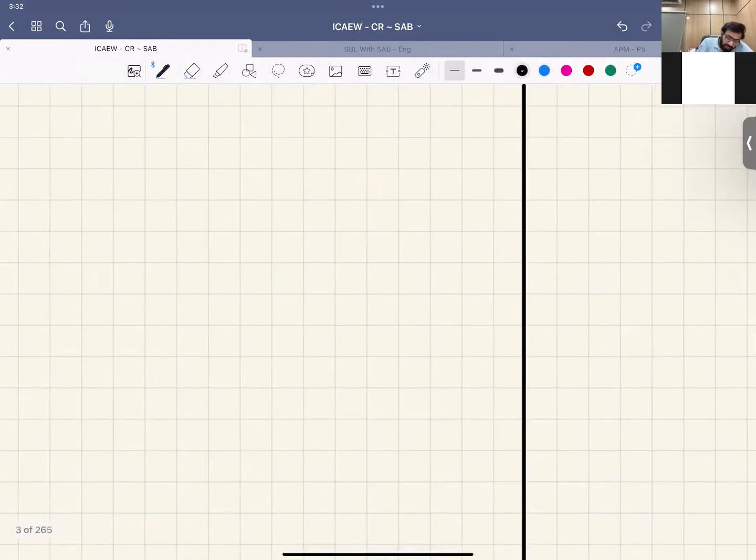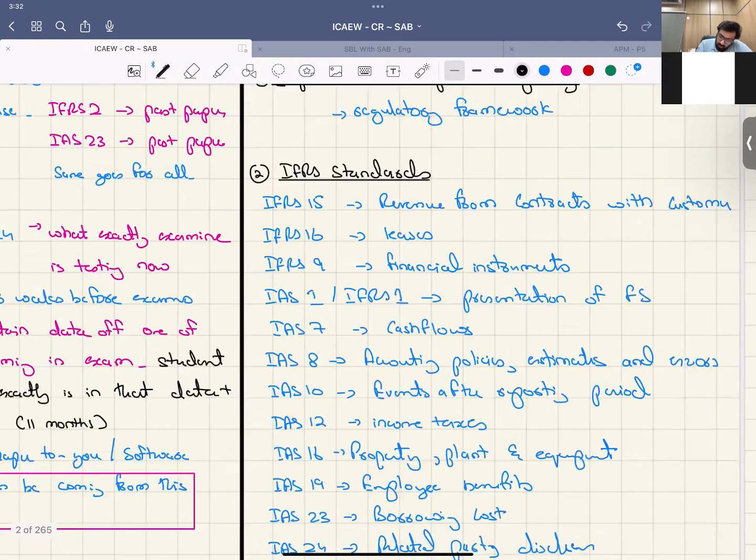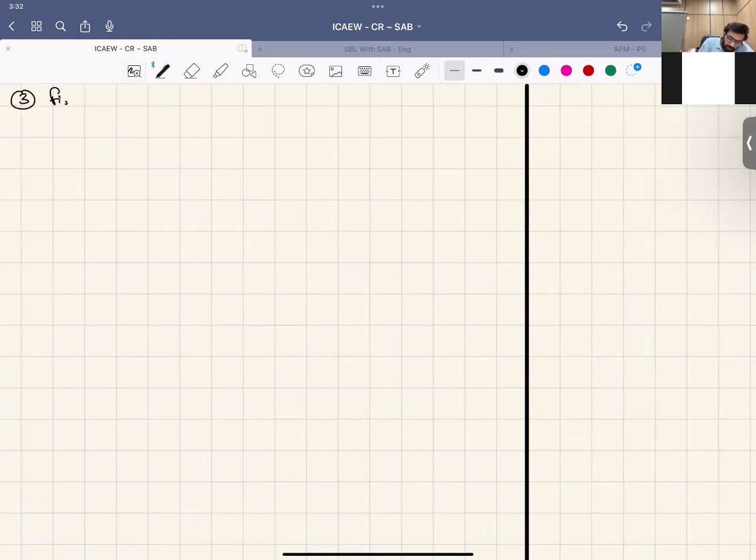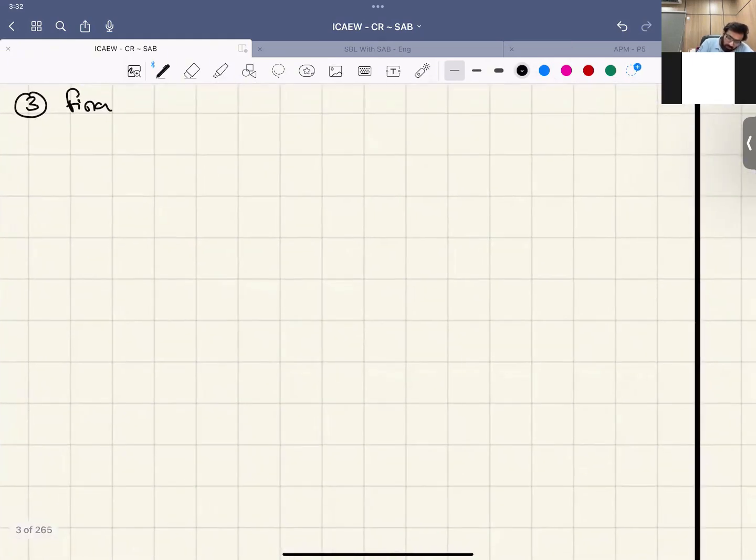Then we have financial statement analysis, one more important area. So it's two. Then we have three. Now, financial statement analysis, right? Here, what do we have, sir? So here it's good, right?